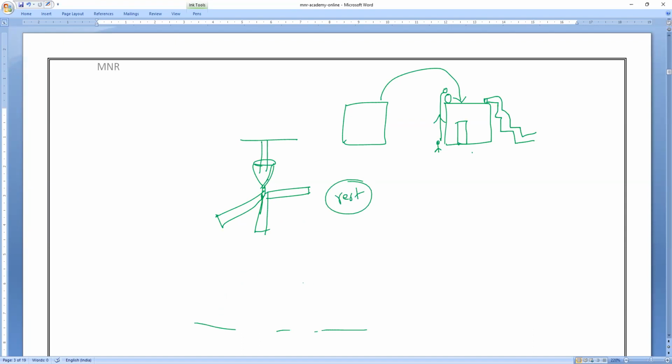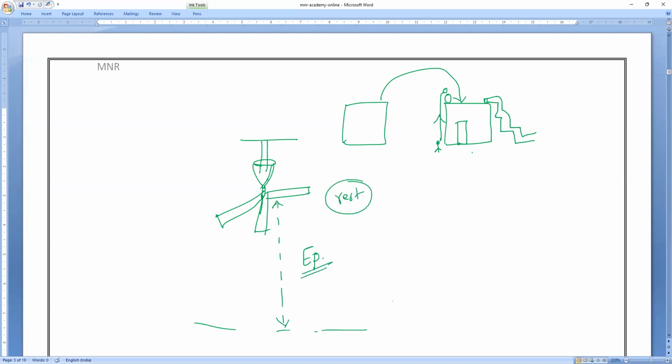So what energy will it possess? Anybody? Zero, sir. No, not zero. Only gravitational potential energy, because it has a position above the ground.